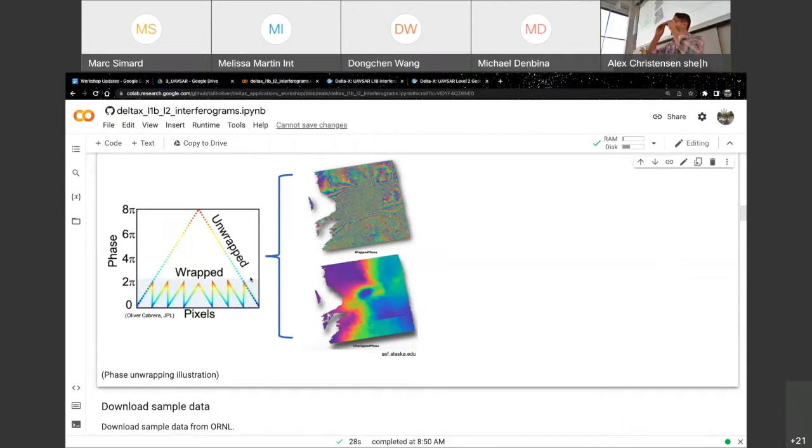The unwrap is we grab that signal, we stretch it, and then we measure the change. So the interferogram is going to give you this type of information. Wrap, folded. Unwrap is a process that we need to compute and quantify so that we then know how much the displacement actually was.